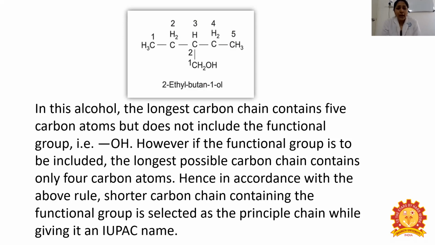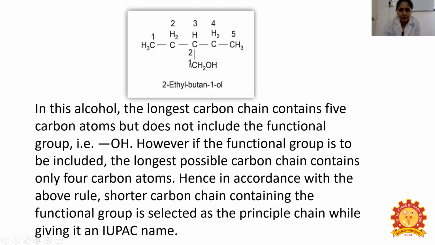However, if the functional group is to be included, the longest possible carbon chain contains only 4 carbon atoms. Hence, in accordance with the above rule, the shorter carbon chain containing the functional group is selected as the principal chain.